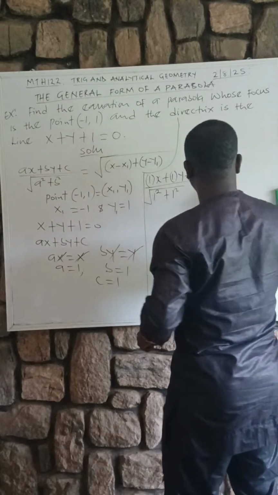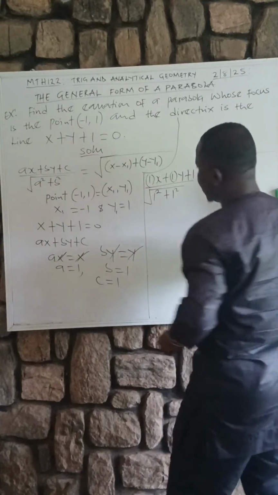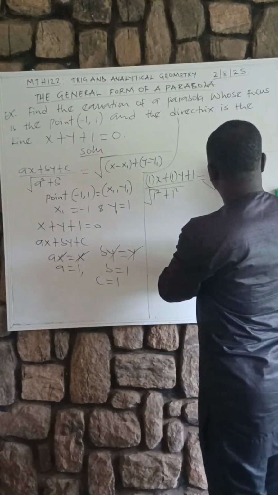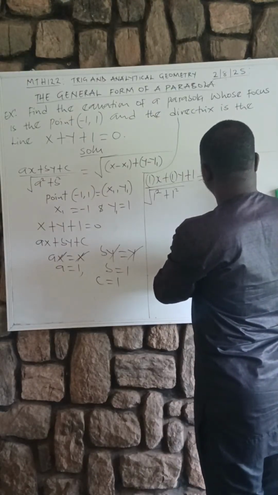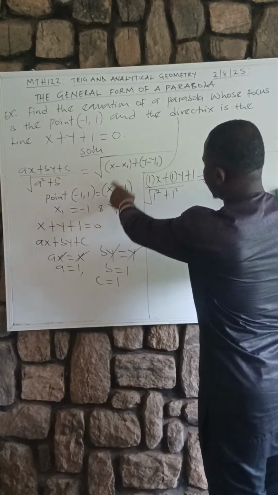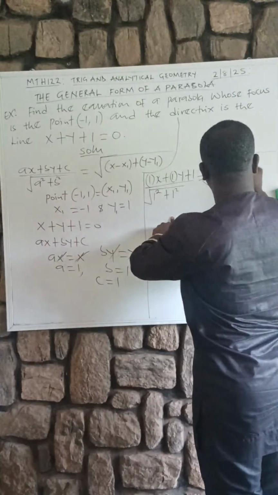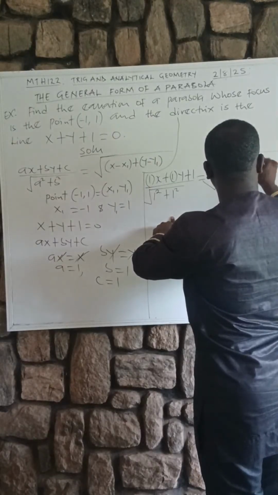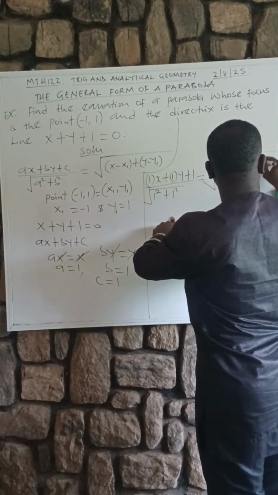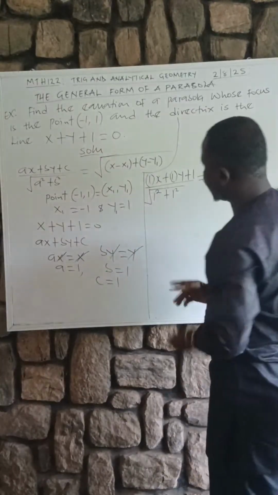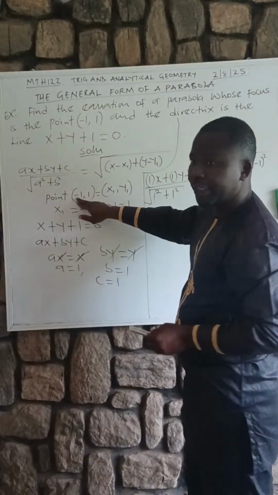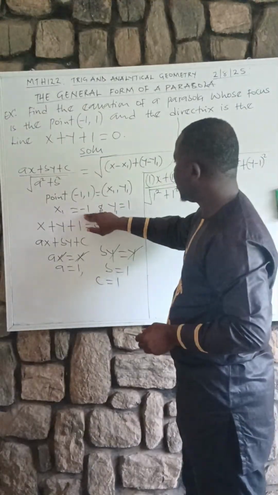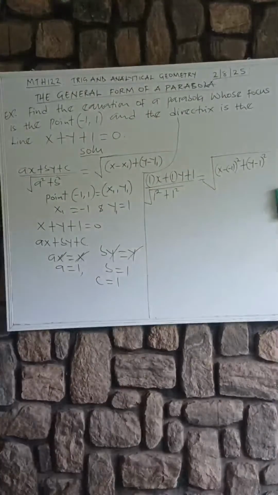Then equals the square root of (x minus (-1)) squared plus (y minus 1) squared. Because here at the point our x is minus 1 and y is plus 1. Do you understand? Are you following? Hope you are following.